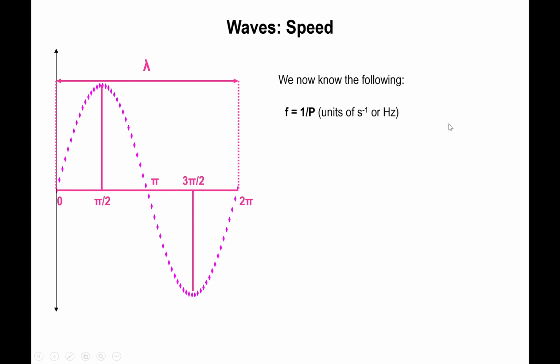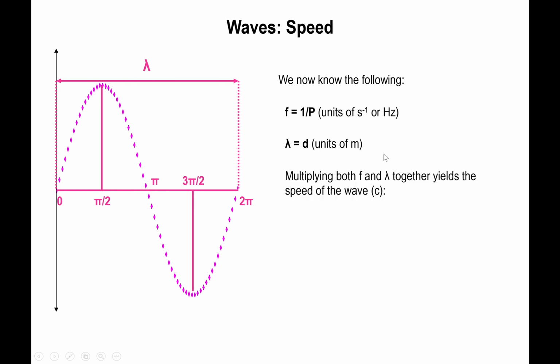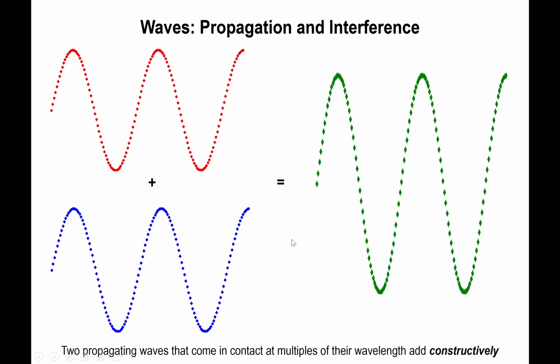They're synonyms. And we have the wavelength, which is in units of distance. Let's call it the meter. If we multiply the frequency with the wavelength, what we're going to end up with is the speed of the wave, because we have meters times 1 over second, which is meters per second. All right, we're almost there.